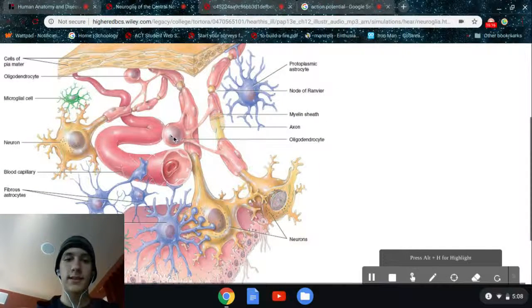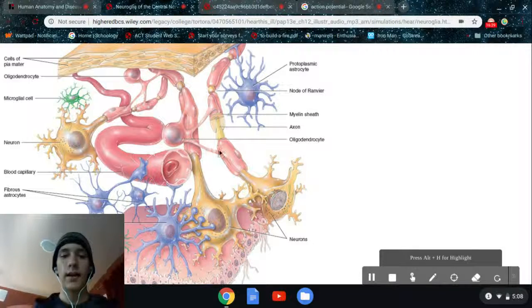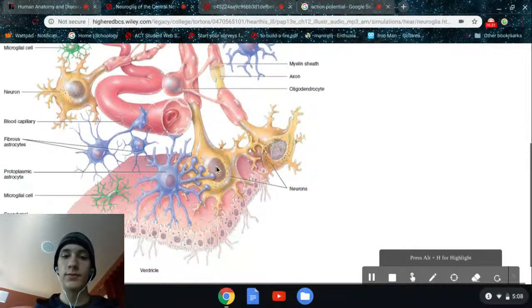Oligodendrocytes, what they do is in the brain, they put myelin on neurons to make them work.